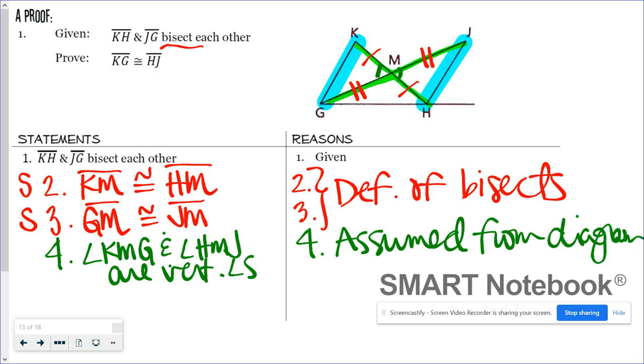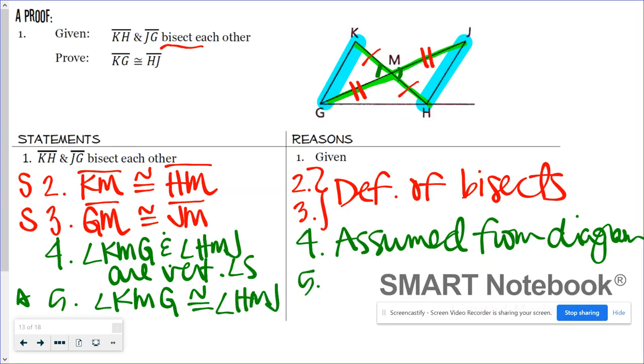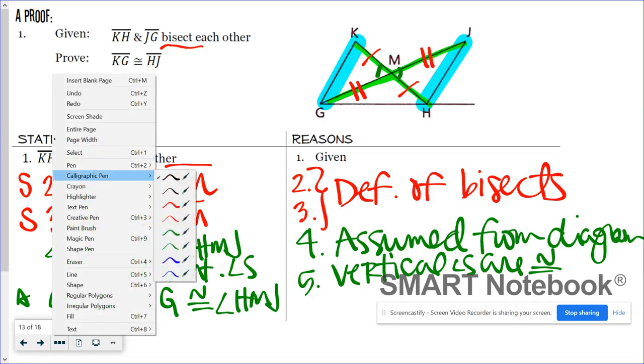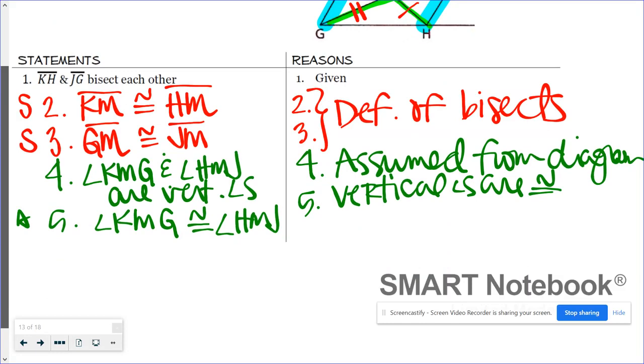And then I'm going to immediately follow that up with that they're congruent, because vertical angles are congruent. So now I've got my 3 congruences. I am ready to prove my 2 triangles are congruent.